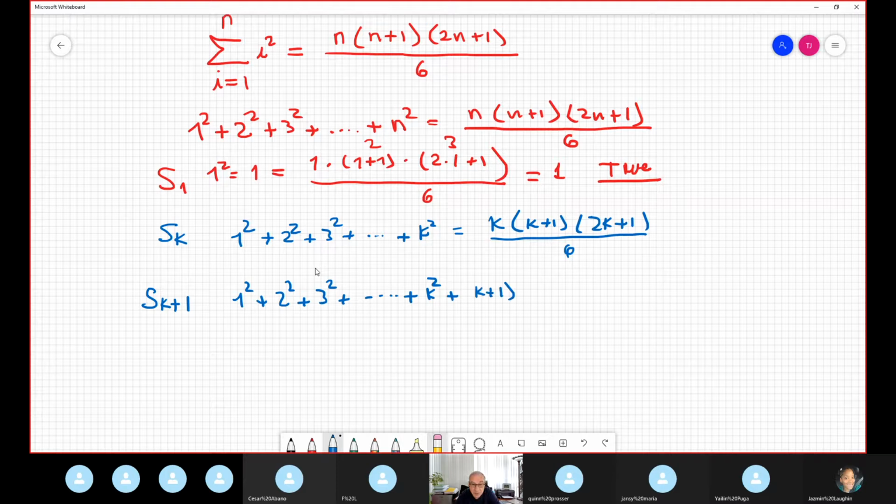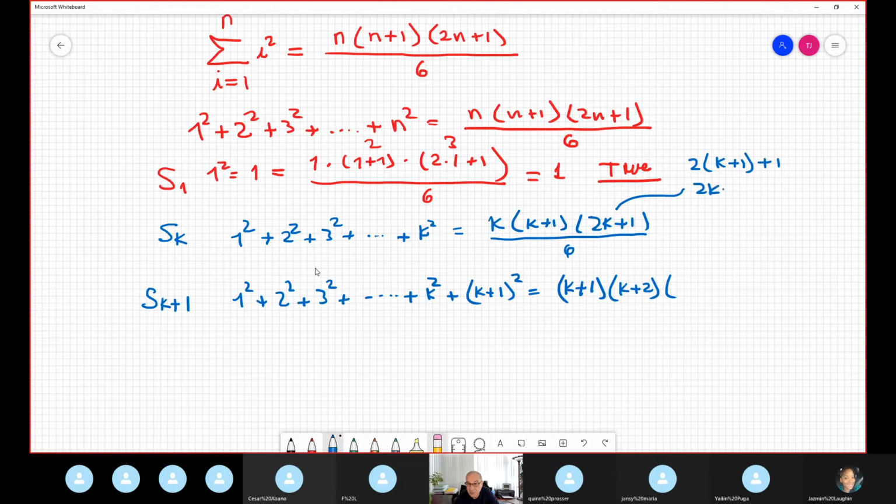On the right-hand side we have now k plus 1, times (k plus 1 plus 1), which is k plus 2, and 2k plus 1 is complicated. Look, it's 2 times (k plus 1) plus 1, because you replace k for k plus 1.